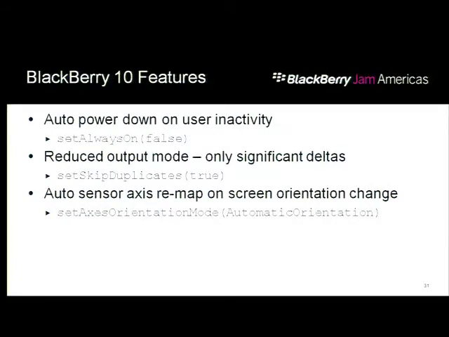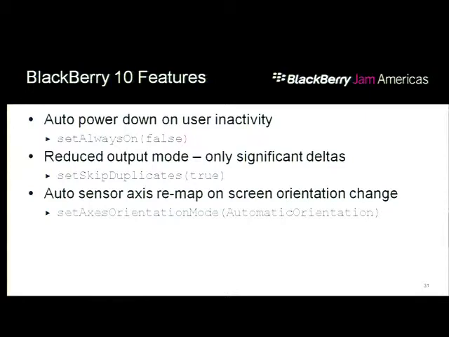Some more BlackBerry 10 features are available to you in terms of APIs. For example, auto power down on user inactivity. You can set it to true or false. You can set always on to true if you want it to be always on, so you always get the sensor data, even if I just keep the device on the table. You can choose to have a reduced output mode, which basically removes duplicates, or you can choose to have all duplicates as well.